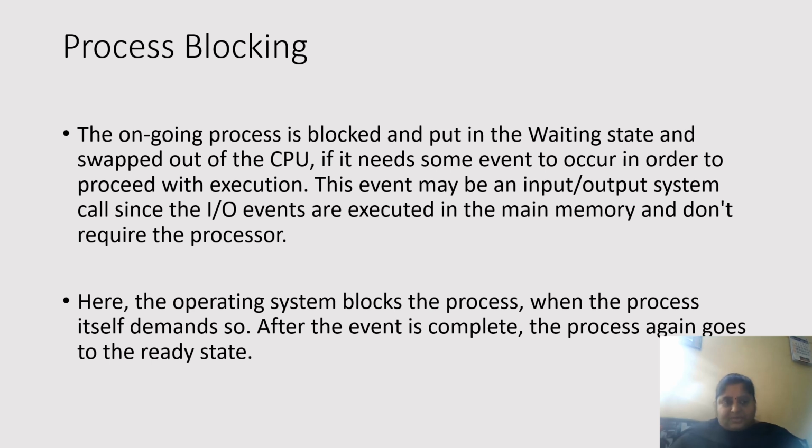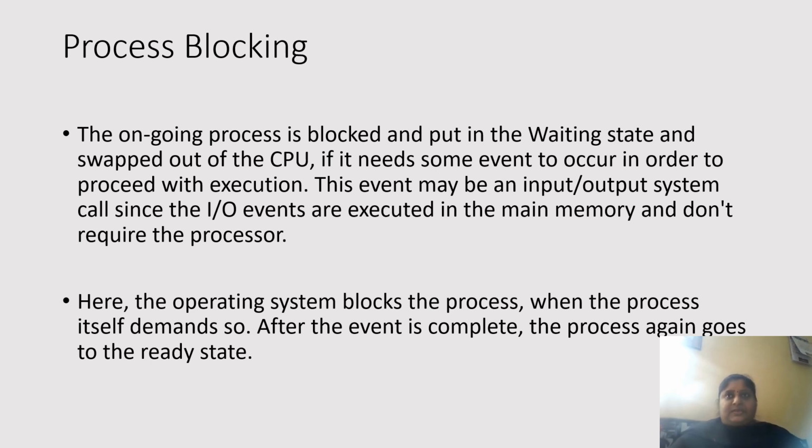Next stage is process blocking. The ongoing process is blocked and put in the waiting state and swapped out of the CPU if it needs some event to occur in order to proceed with the execution. This event may be an input output system call, since I/O events are executed in the main memory and don't require the processor.